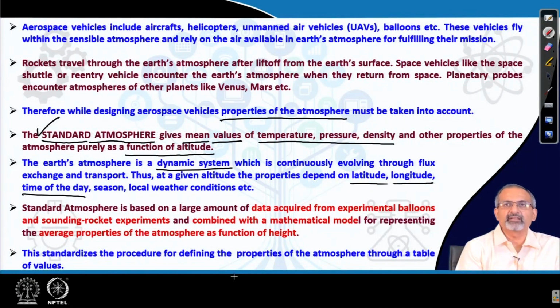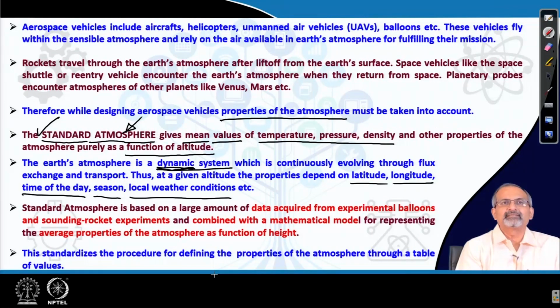Temperature is bound to vary, accordingly pressure and density are also going to vary. There are going to be seasonal variations as well as variations due to local weather conditions. So, everything is dynamic, and therefore, it is not very easy to standardize these variations, but that is precisely what is needed, and that is what is achieved through the definition of standard atmosphere.